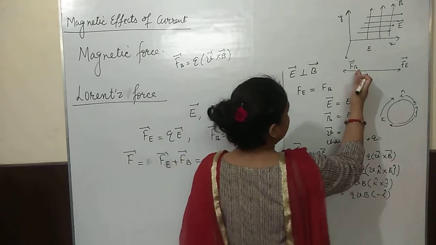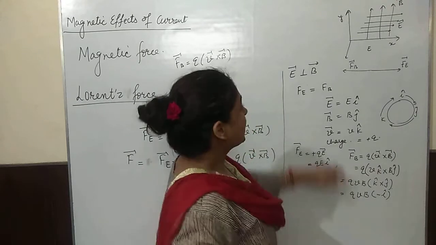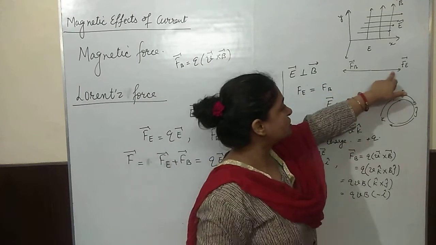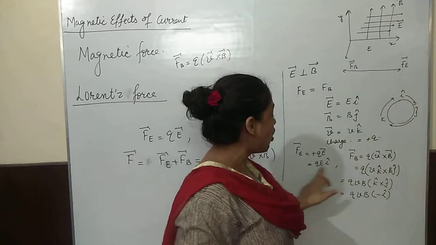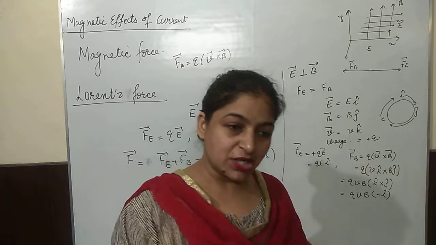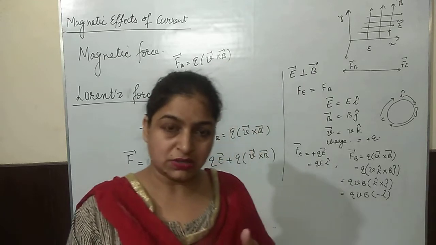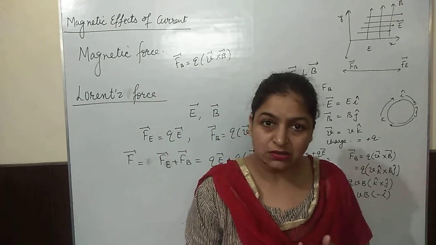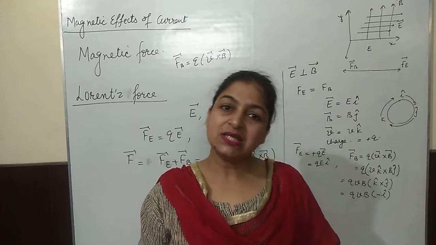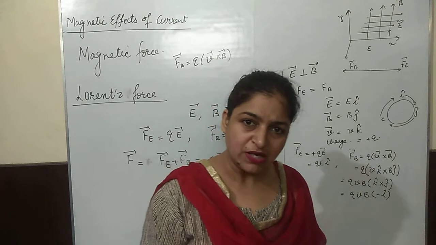Now you see the forces under this condition, if they are equal, they would be opposite also. The conditions we have considered, the two fields were crossed, means they were perpendicular to each other, and the charged particle is entering the field in a direction perpendicular to both of the fields.